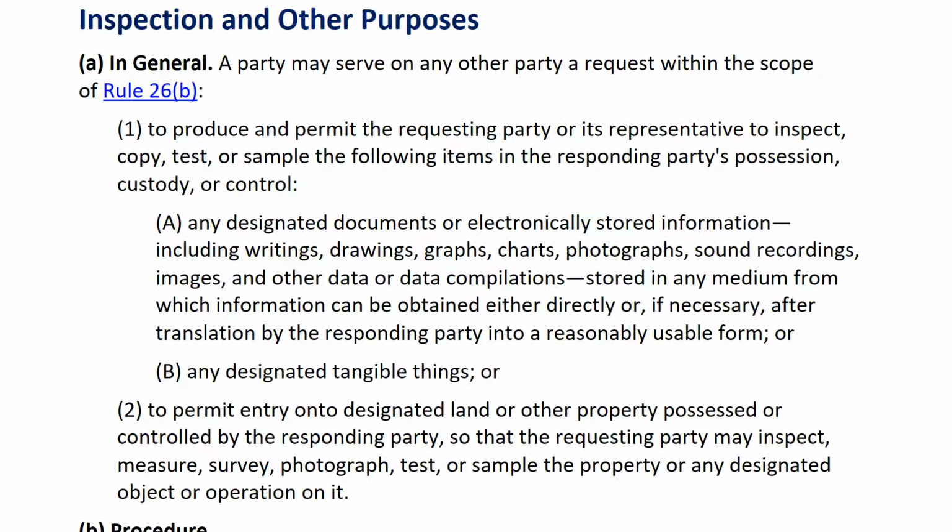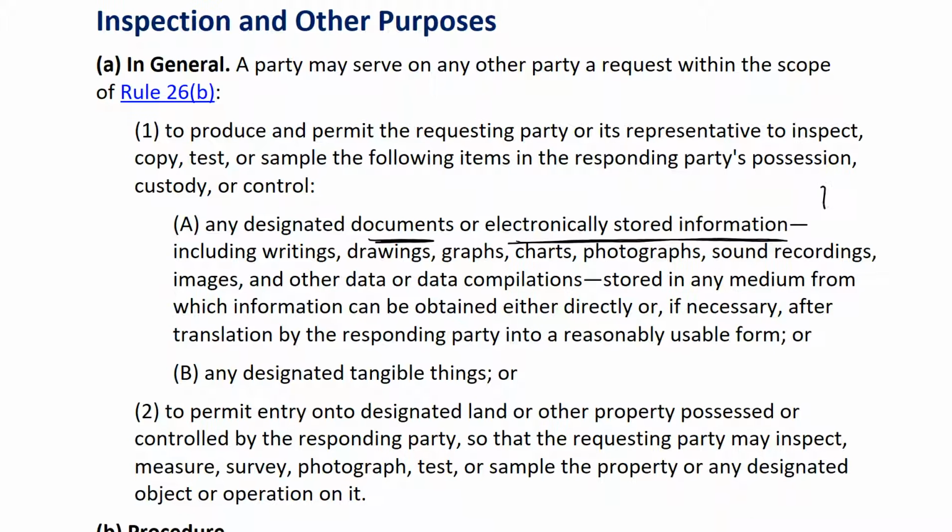that a party can serve on any other party a request within the scope of discovery under Rule 26(b), a request to produce and permit inspection, copying, testing, or sampling of documents, electronic information, ESI, electronically stored information. So we're going to call that ESI. Including, that's non-exclusive, right?